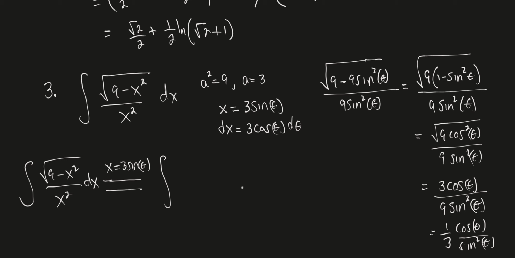So let me write the 1/3, and then we have cosine theta over sine squared theta, and now I can't forget my dx.